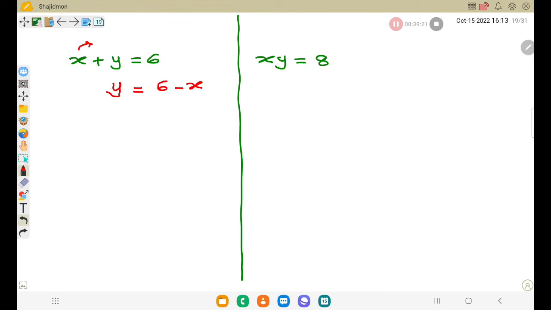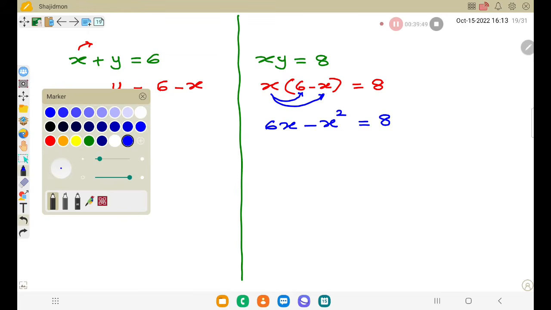This value we are applying in the second one, xy equals 8. So x multiplied by, what is the y value here? 6 minus x equals 8, correct? x multiplied by 6 minus x equals 8. Now expand that bracket. x multiplied by 6, 6x. x multiplied by minus x, x power 2, equals 8. Hope you understood.